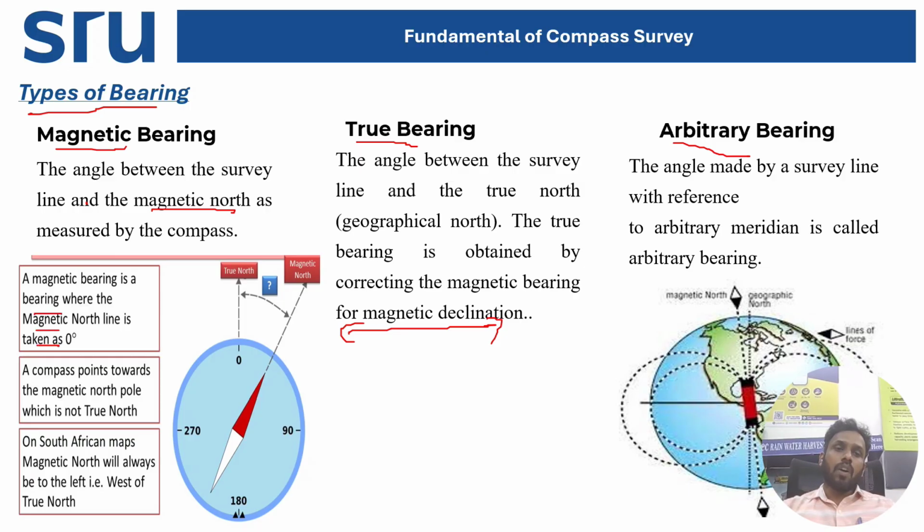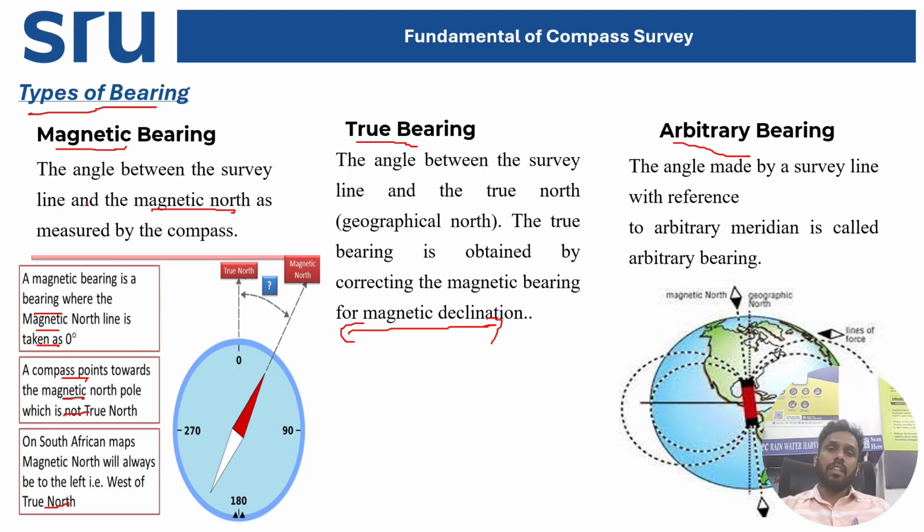A compass points towards the magnetic north pole, which is not the true north, because your magnetic north is inclined by about 5 degrees. In South Africa, magnetic north will always be to the left, that is west, of the true north, right? So this is your true bearing.